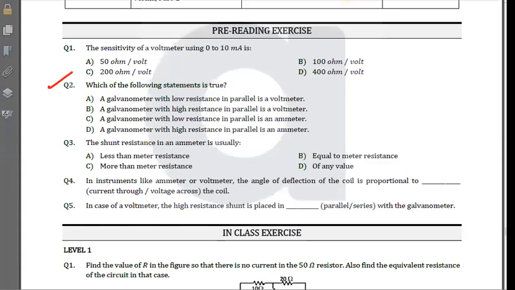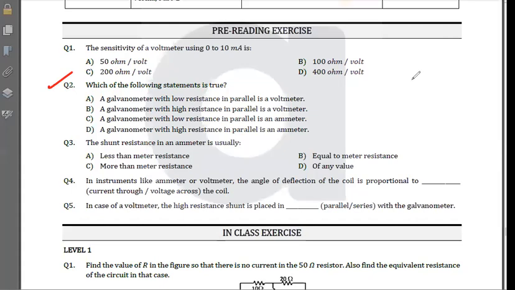Vinutha, you joined very late. Okay. Second one. Which of the following is true? A galvanometer with low resistance in parallel is a voltmeter. This is a basic definition, right?